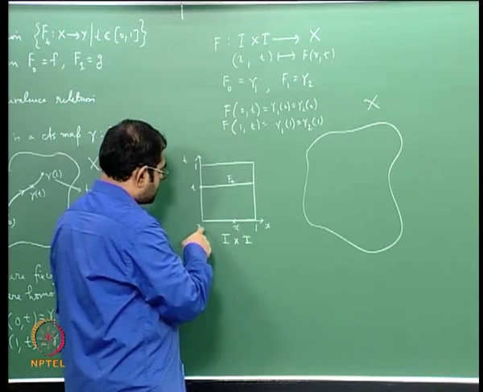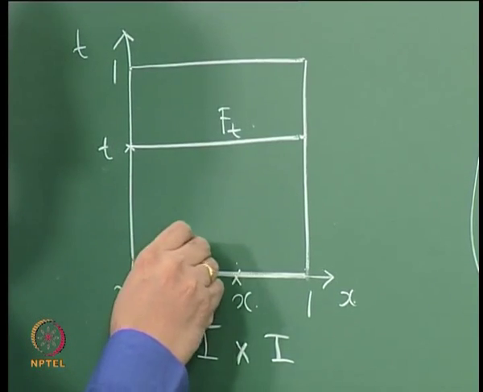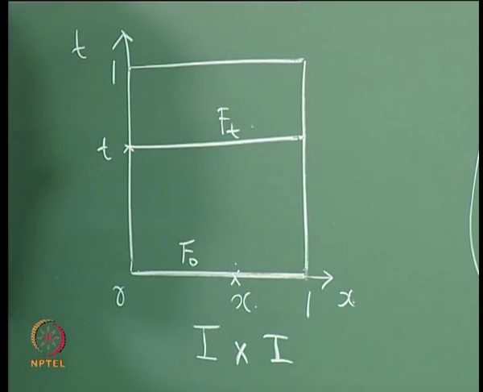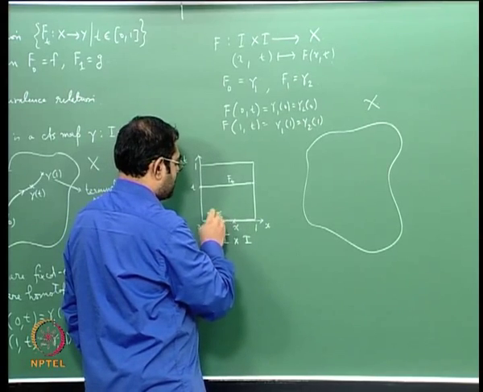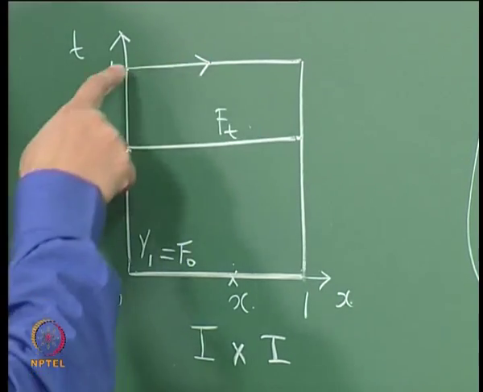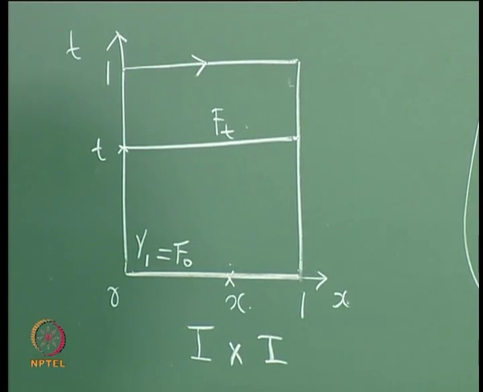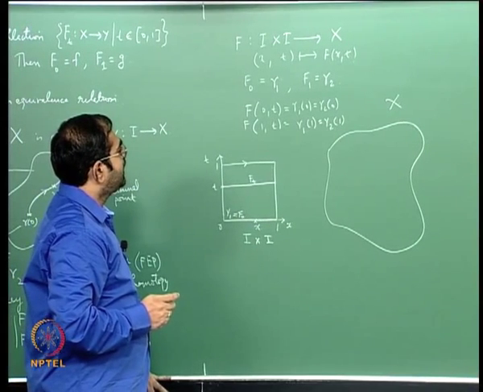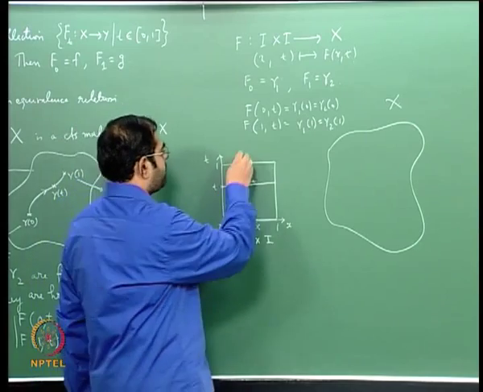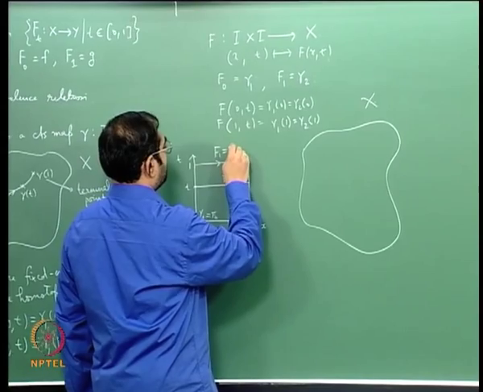So at time t equal to 0, this edge will correspond to the path f0, which is gamma 1. And this edge, which corresponds to t equal to 1, will correspond to f1, which will be gamma 2.